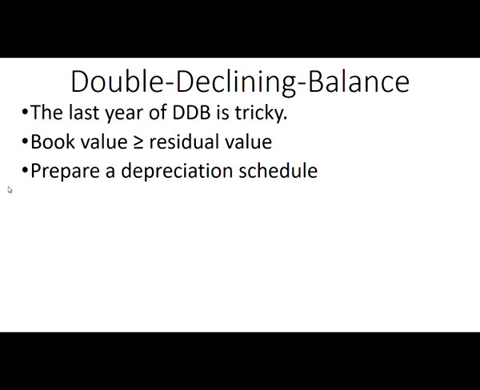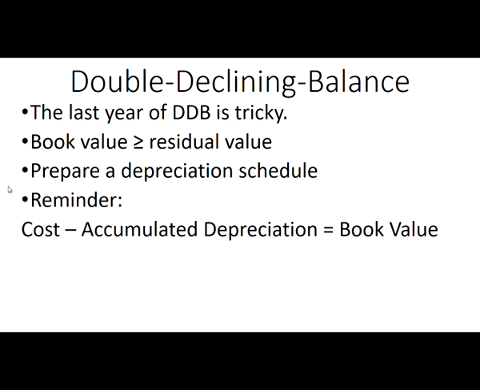Reminder before we get started, the book value is cost minus accumulated depreciation. Cost minus accumulated depreciation is book value. And so if I look back at my definition of double declining balance, my formula, it's cost minus accumulated depreciation. So in that previous slide, I could have just put book value in that formula.